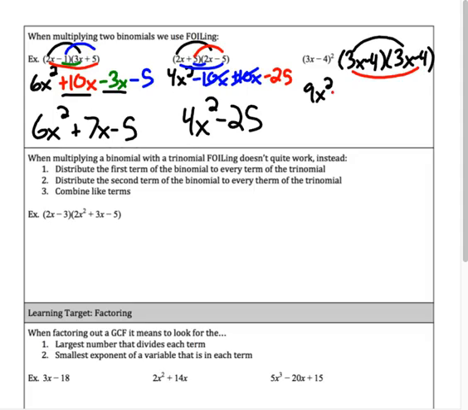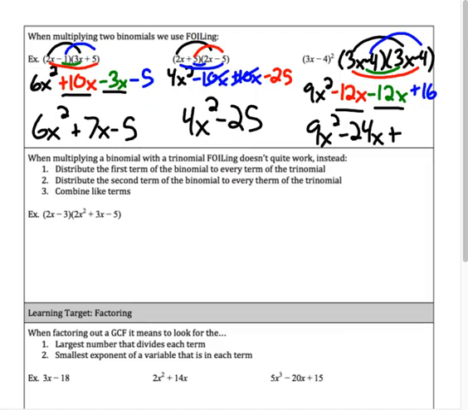So here we have negative 12x, another negative 12x, a positive 16. And then, of course, we combine our like terms. Negative 12x and negative 12x gives us a negative 24x to wrap up our problem.